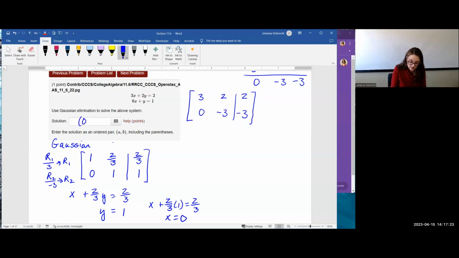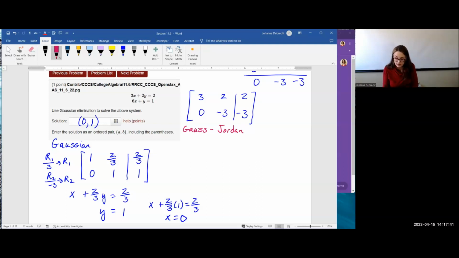So this would give me 0, 1. But you're going back to the system of equations. In Gauss-Jordan, you do not. Right? In Gauss-Jordan, you take it all the way down to a reduced row echelon form.